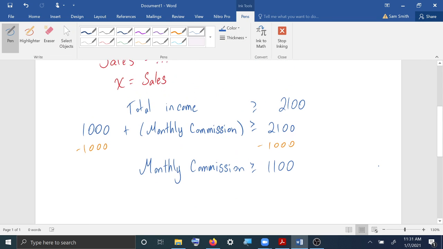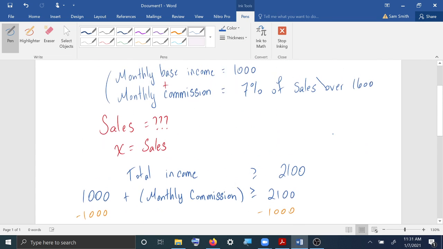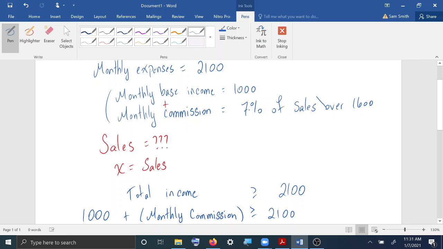Now let's translate the statement 7% of sales over 1,600 into a mathematical expression. We've said that we're using the letter X to represent sales, so I'm going to write the letter X directly underneath sales to show that I'm replacing sales with X.